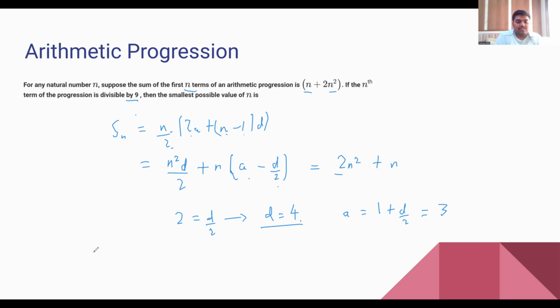And from this, we can say that Tn is equal to a plus (n minus 1) into d, which is 3 plus (n minus 1) into 4. Now, the nth term is divisible by 9.